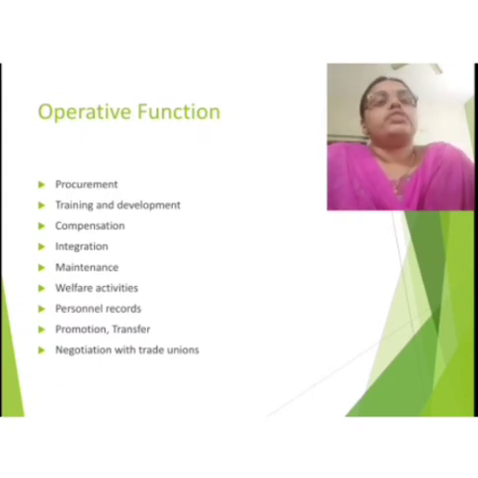So the operative functions include procurement, development, compensation, integration, maintenance, welfare activities, personal records, promotion, transfer and negotiation with trade unions. So the human resource management function is classified into two: managerial functions and operative functions.